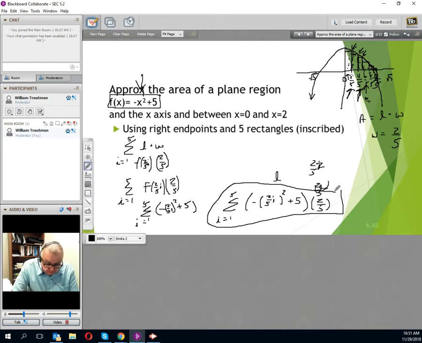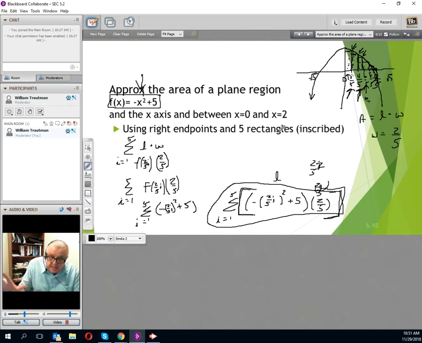And our function is x, from 1 to 5. My summation is, by the way, and this is kind of important, going to be the whole thing. This is the whole summation that we're doing. So there's extra parentheses.